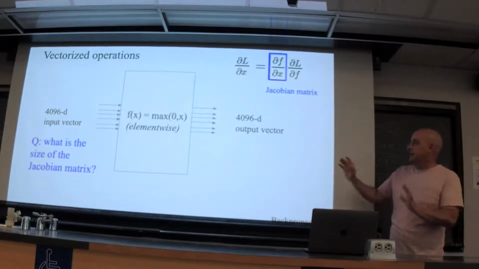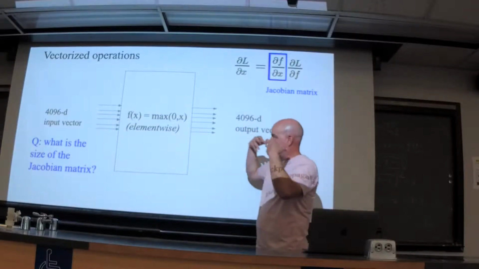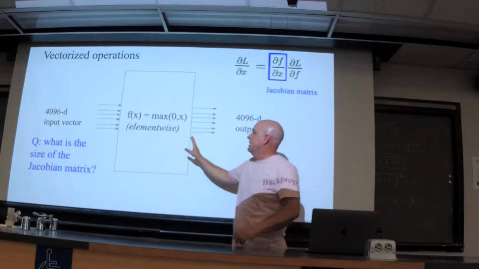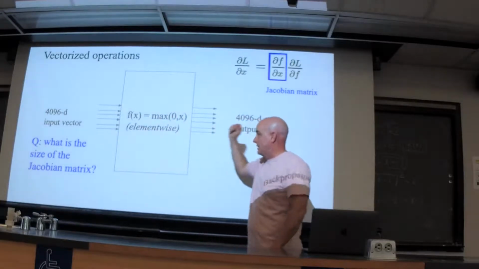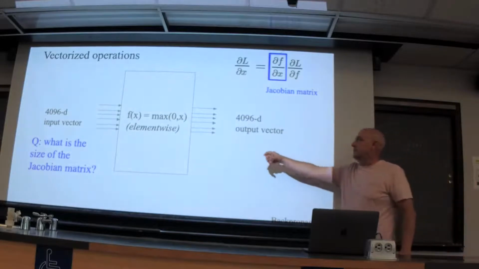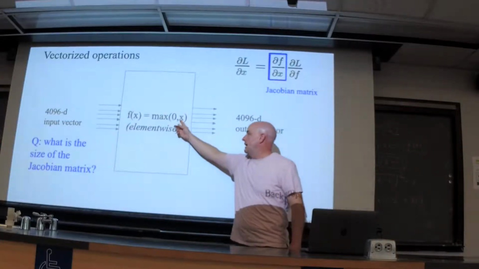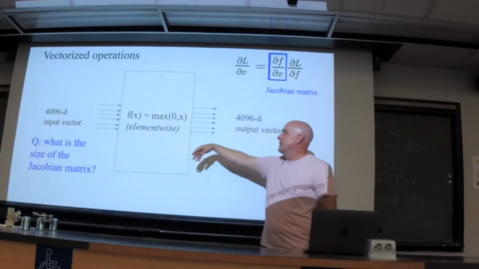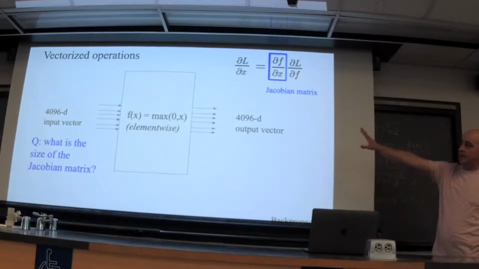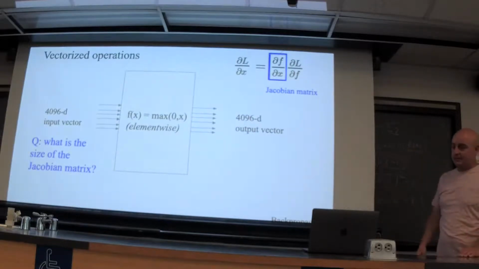So let's think about this. This is a way to help you think about these vectorized operations and what kind of objects you're getting when you do these calculations. So this is max being applied to each entry of x, max of that with 0, where x is of dimension 4096.